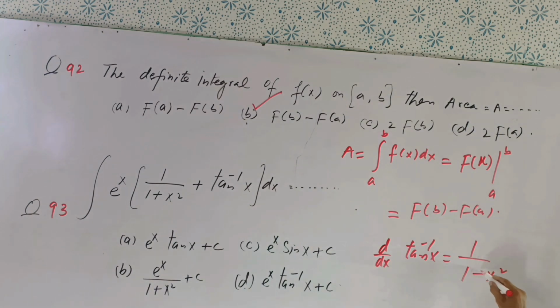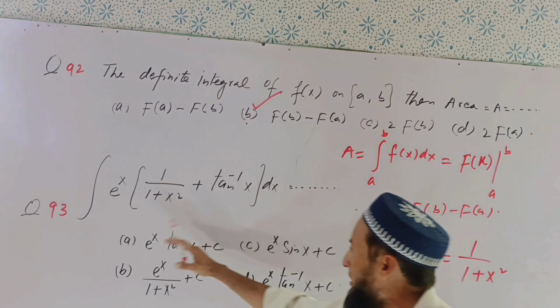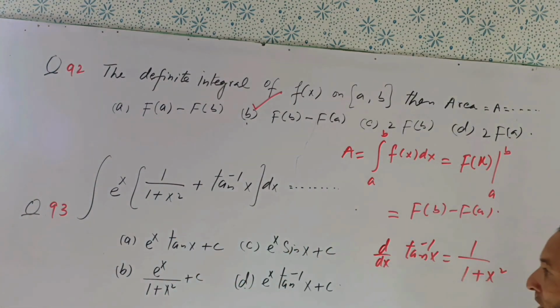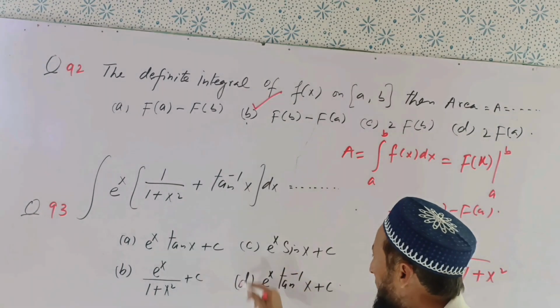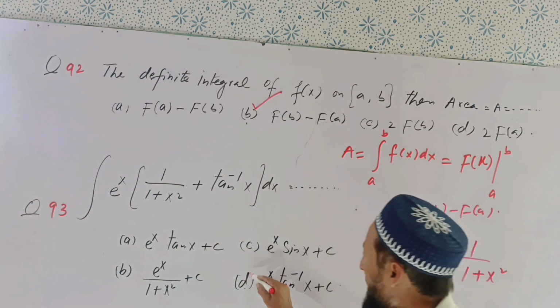But here e power x is also multiplied. Checking the options, option D is the correct option.